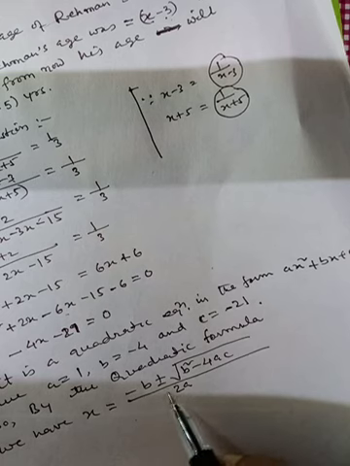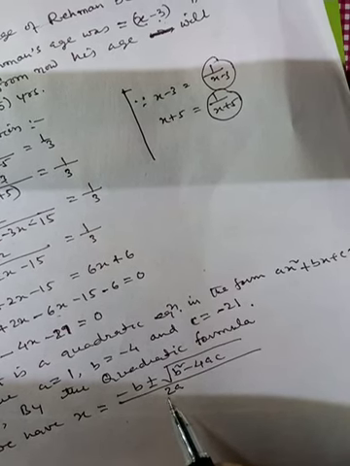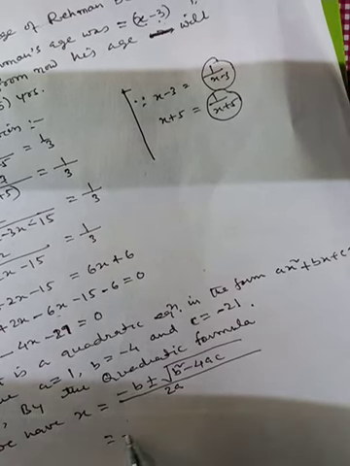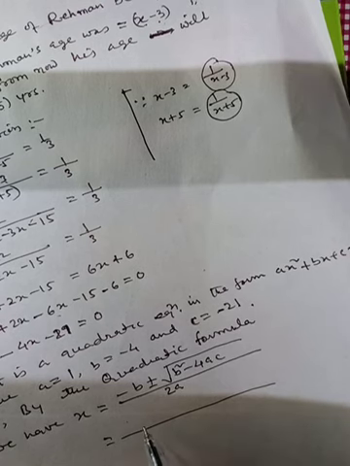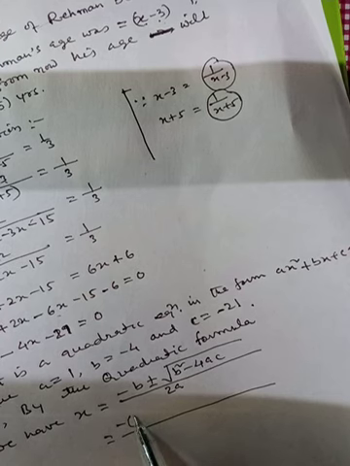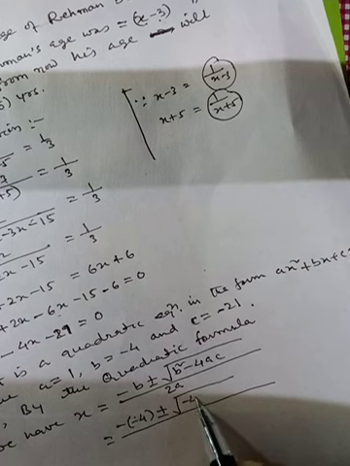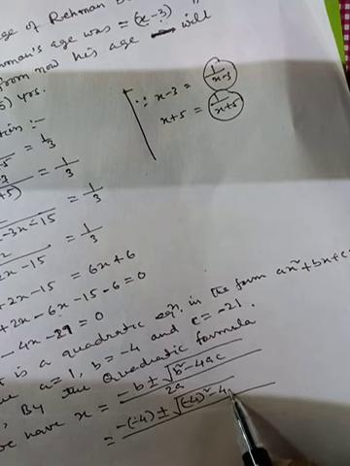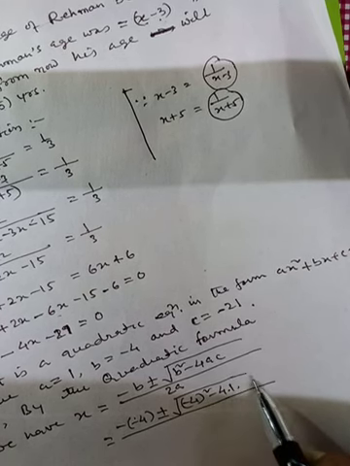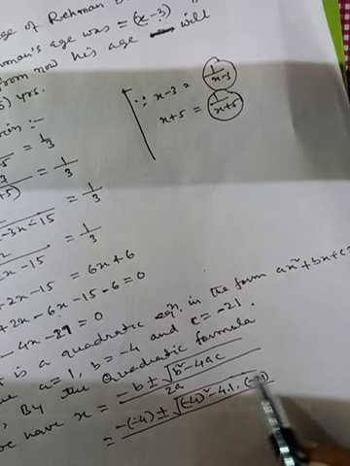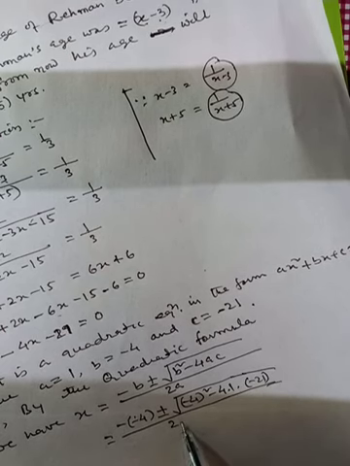Thus we put the values of a, b and c here and we get the roots of the equation. Here b is minus 4, so x equals 4 plus or minus the square root of (minus 4) whole square minus 4 times a, which is 1, times c, which is minus 21, divided by twice a, which is 2.